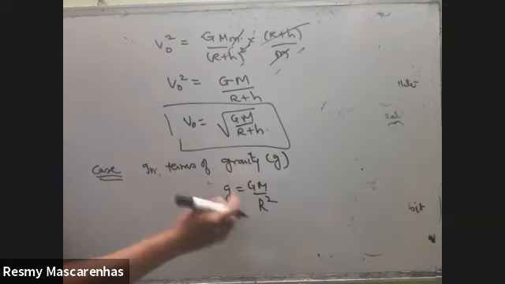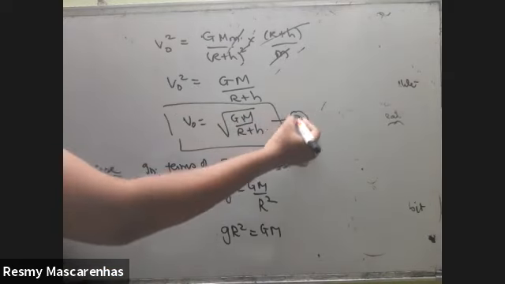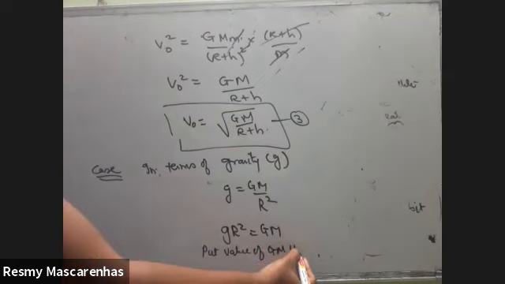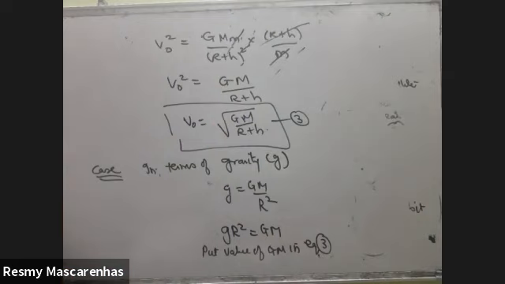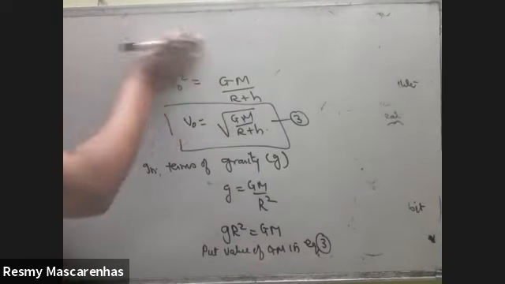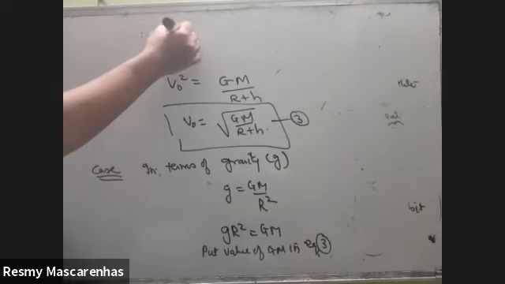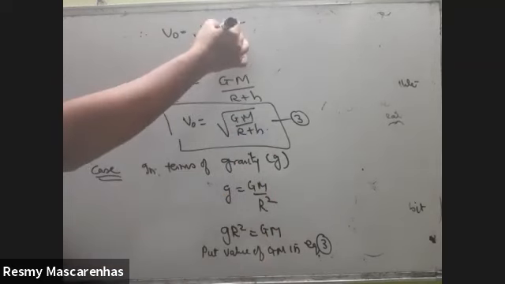So what will be Gm? Gr square. So instead of Gm, we can put this value of Gm in equation 3. So instead of Gm, put Gr square here. So what I'm putting here, Gr square.